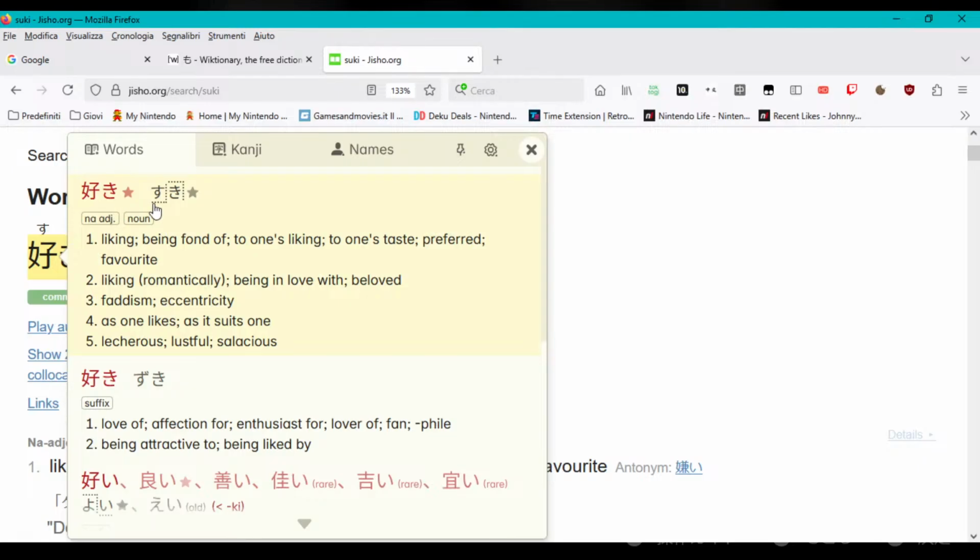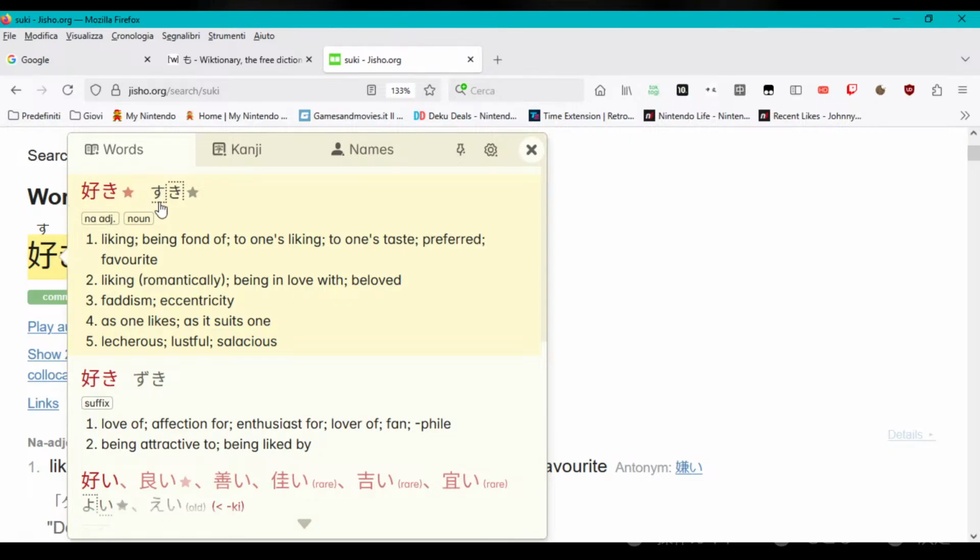Again, since the u is between two unvoiced consonants, you barely hear it, or not hear it at all. Suki. Inu mo suki. It's an adjective, but so if we wanted to say that is something that is liked, we would say sukina.